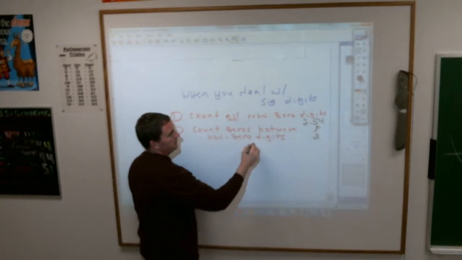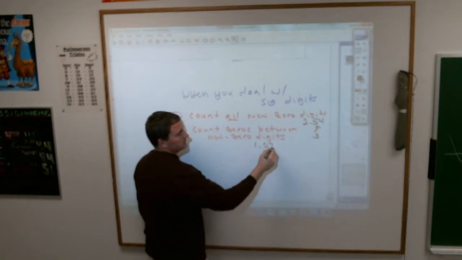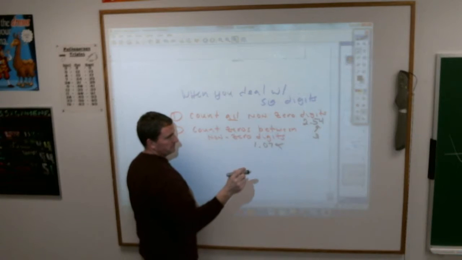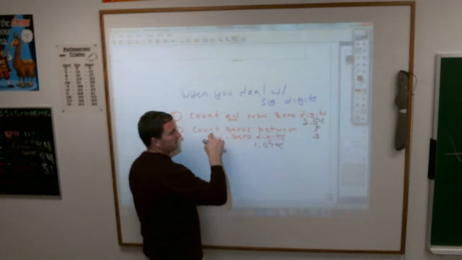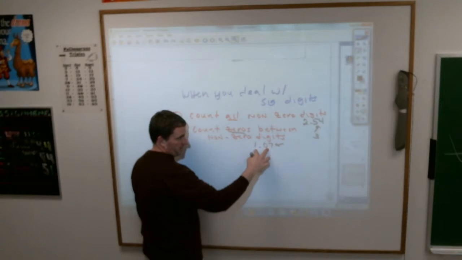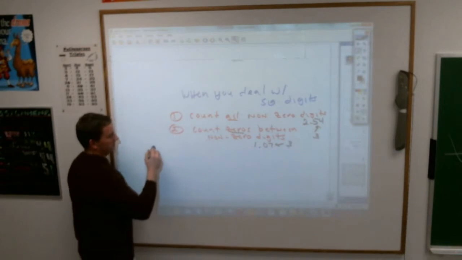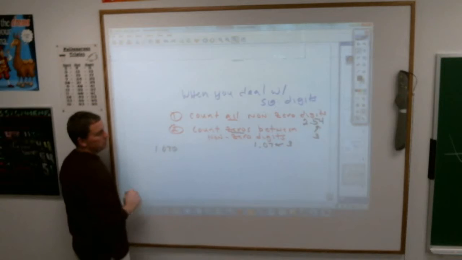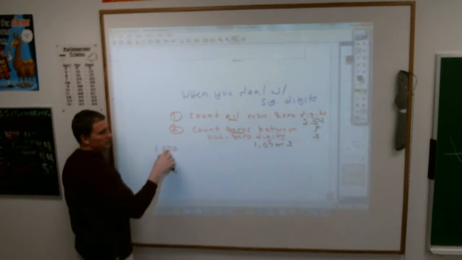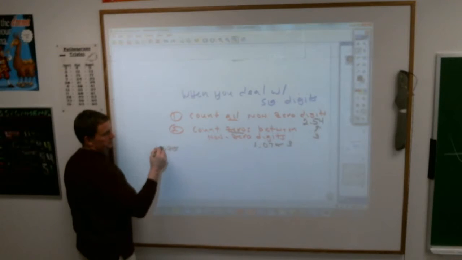Okay, this one here, 1.07, how many significant digits? Still 3, because you count the zeros that are between non-zero things. This, 1.070, 3. Don't count zeros at the end that aren't sandwiched between non-zero things.